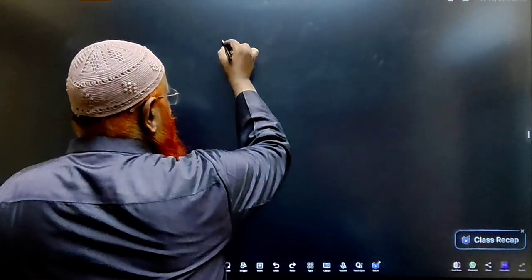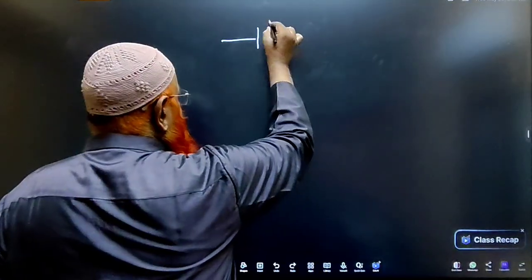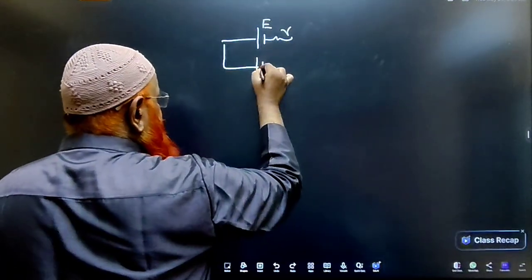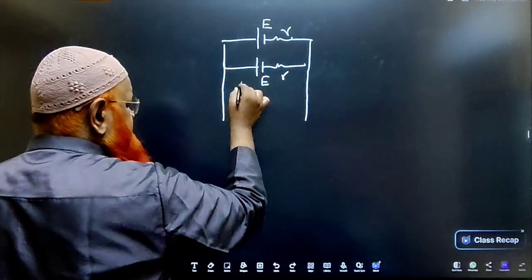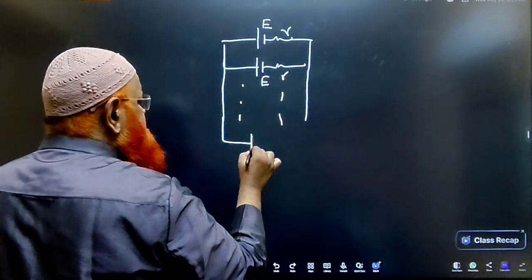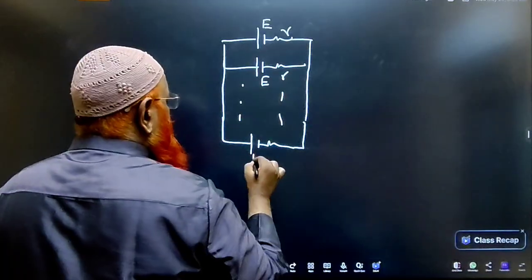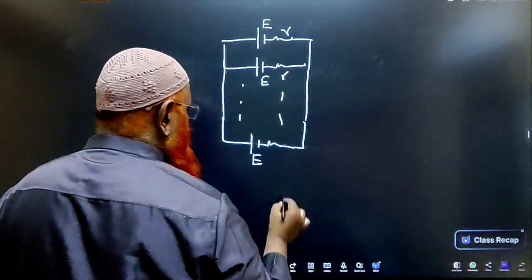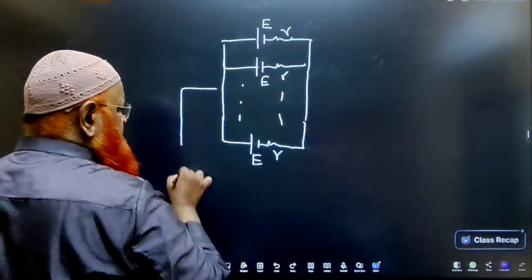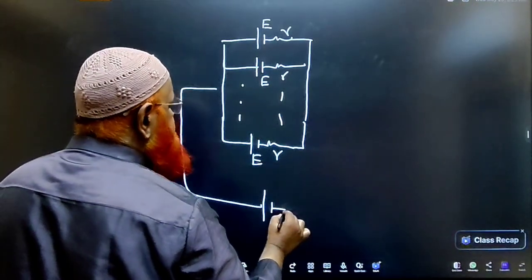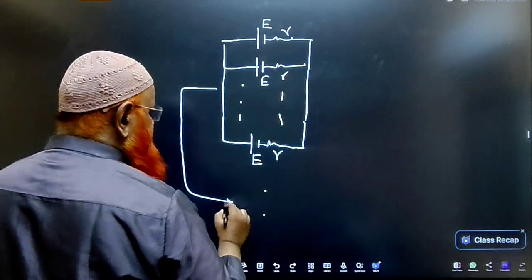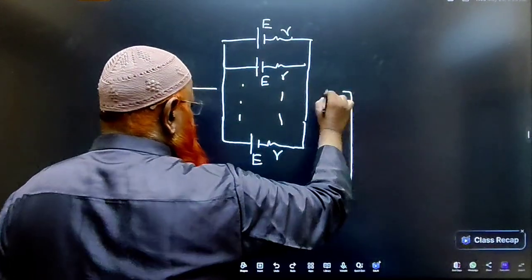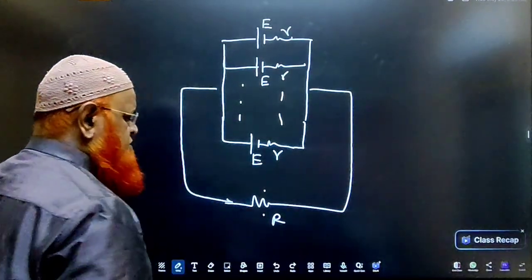Then what happens to the current? So when n cells are connected in parallel, this is one cell having internal resistance R, another cell having internal resistance R, and like this, each considered as E, and this is R. So this total system is connected to external resistance R. Is it okay?